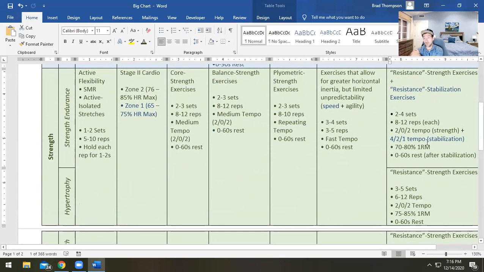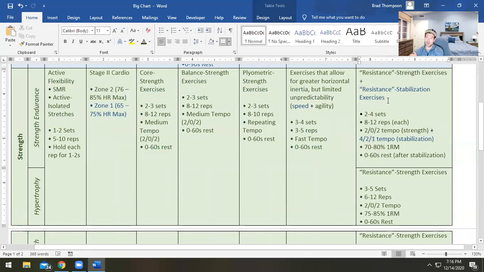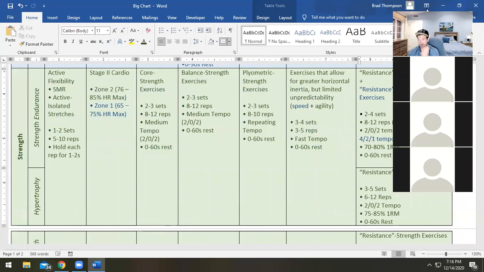Then this is where we get into the phases. I've got the exercise selection here in green if it's a strength movement, and in blue if it's a stabilization movement. So Charlie, this is the first of 2 weird phases.